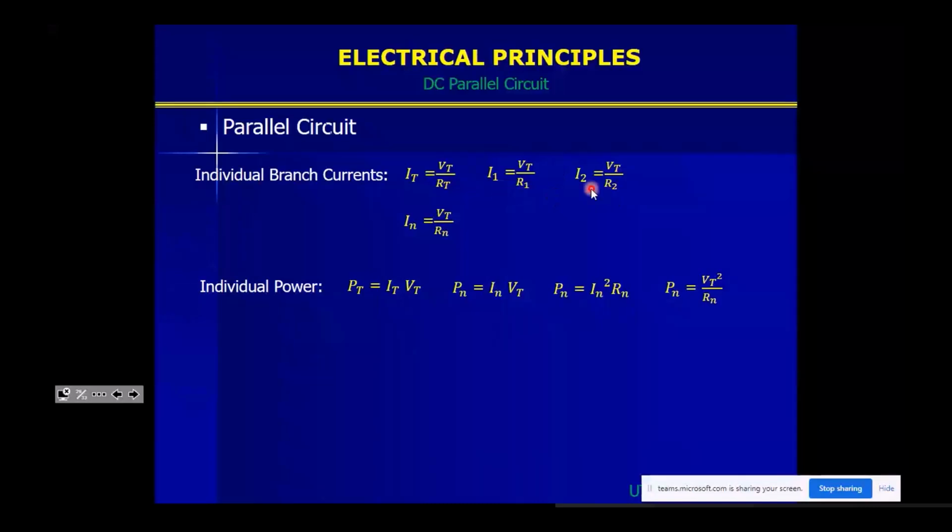I2 equals VT over R2, and so on. The common or constant value here is VT. Same with the power. Look at the formula of the power. The constant here, if you notice, is VT. So watch the comparison between series and parallel.